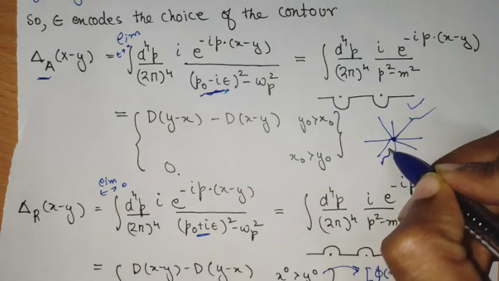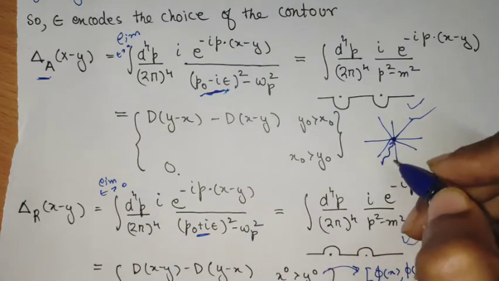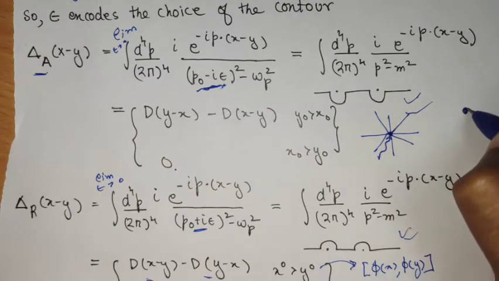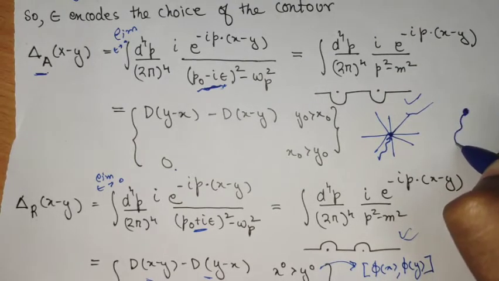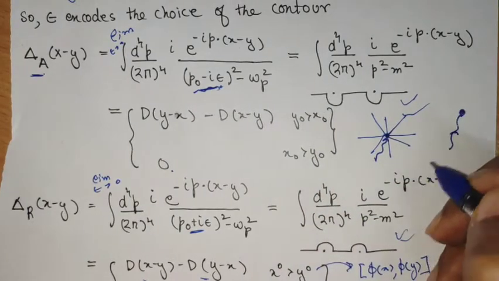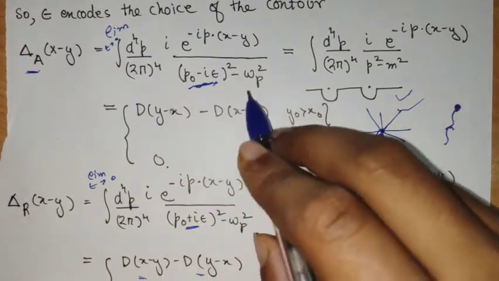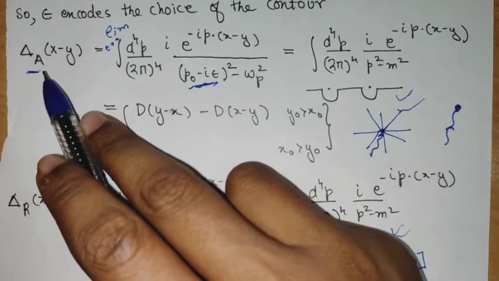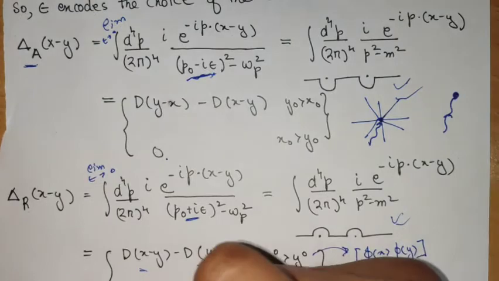So these contours kind of tell us the past of the particle. It's like if the particle is at y, the signal can only come from the past, because x0 always needs to be less. So these functions are important while probing the past of a particle.